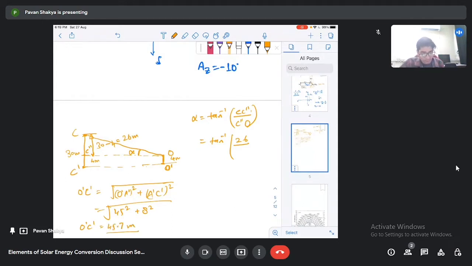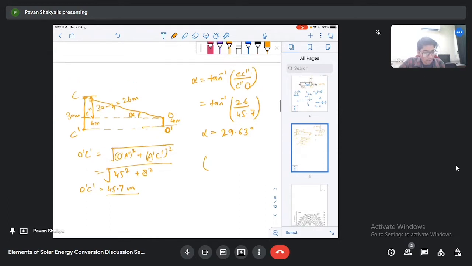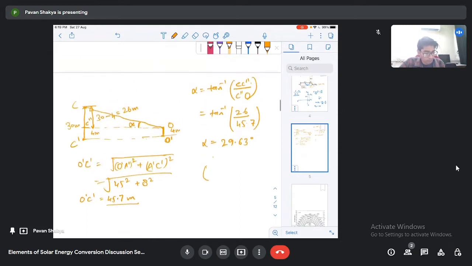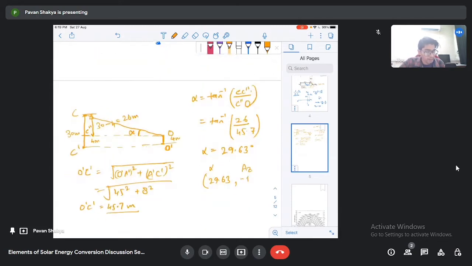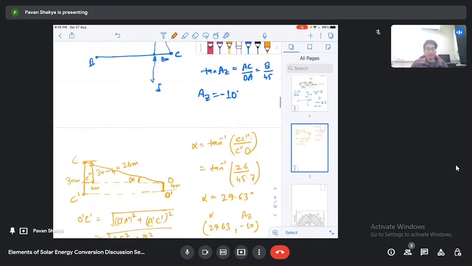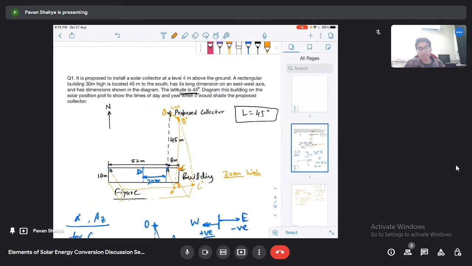When you put this value in the formula, you will get the alpha value as 29.63. So for C you have calculated both angles, the altitude angle and the surface azimuth angle. Alpha is 29.63, and the azimuth angle AZ is minus 10 degrees. Similarly, we have to do the calculation for the remaining points, that is A, D and B.